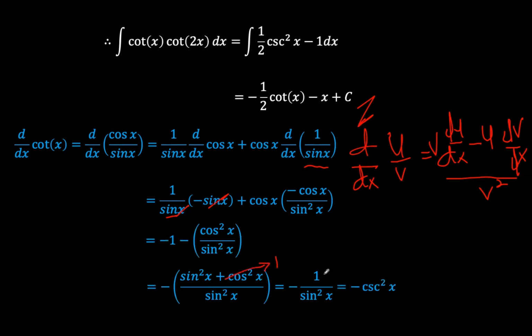So we have negative 1 over sine squared x, which is negative cosecant squared x. And this brings us to why we are able to obtain negative cotangent x when we integrate cosecant squared x.